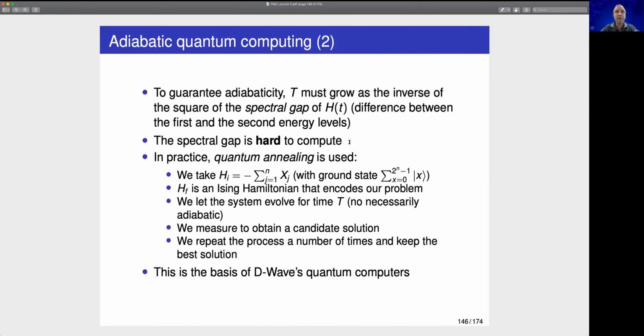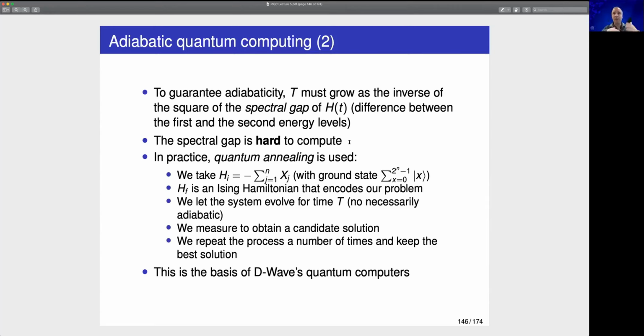And also a difficulty that we have with this adiabatic model is that, of course, in order to satisfy the conditions of the theorem, the evolution has to be very slow, slow enough. And if you study this adiabatic theorem, you will see that, in fact, the time of the evolution, the time it takes the initial Hamiltonian to transform into the final Hamiltonian, must grow as the inverse of the square of the difference between the minimum energy and the next excited energy over all the process.